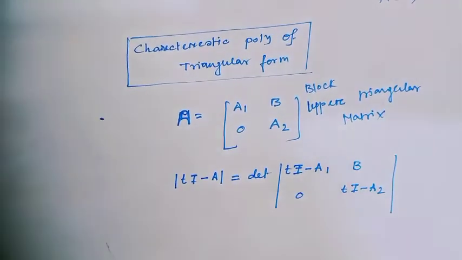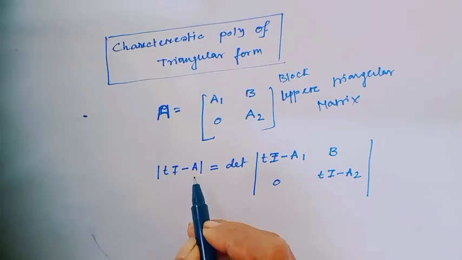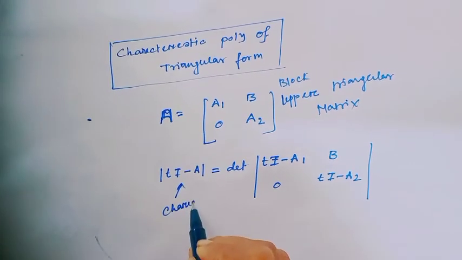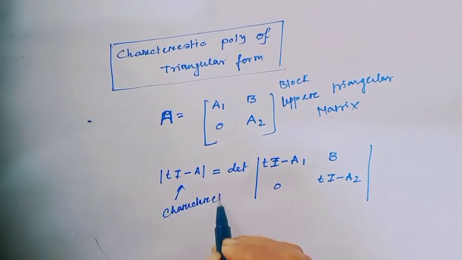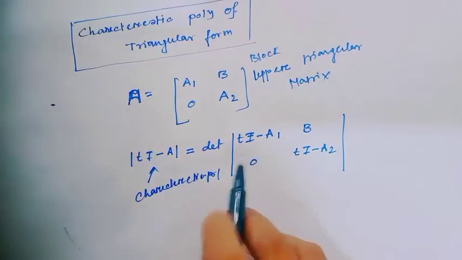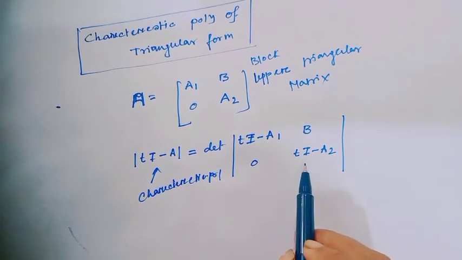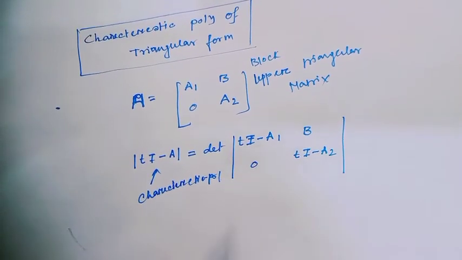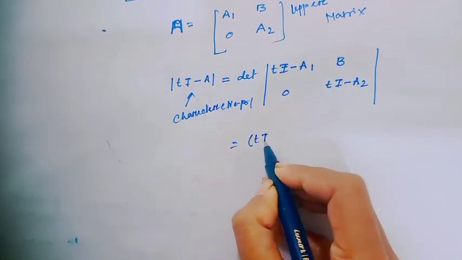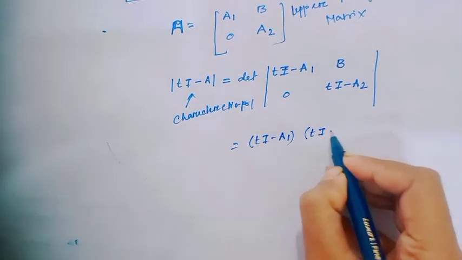And here the characteristic polynomial means determinant of tI minus A. This is the characteristic polynomial, which would be determinant of tI minus A1, 0, determinant of tI minus A2, and this determinant is actually (tI minus A1) times (tI minus A2).